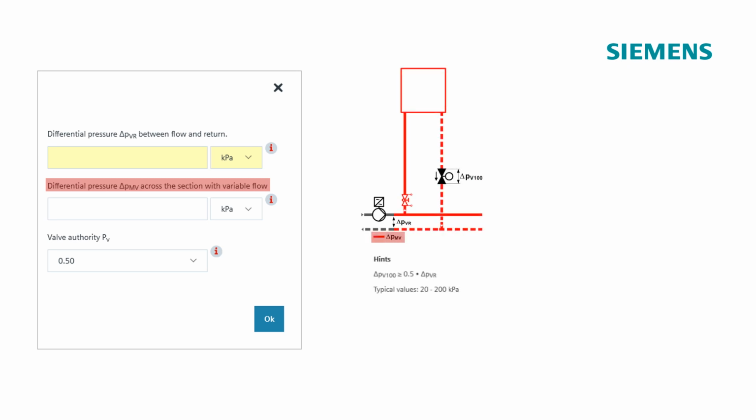Here once again the graphic of the previously selected throttling circuit. The piping section with variable flow is highlighted accordingly. It is the piping section in which the water flow changes when the control valve changes its position. For the example, an experience value of 60 kPa is applied.